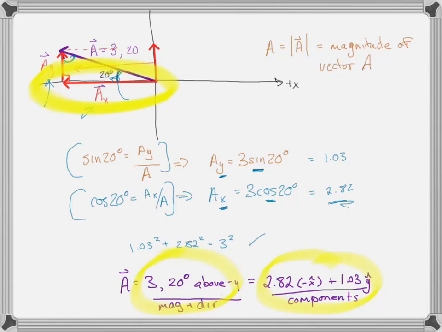And when we did the geometry of the right triangle, it just gives us a positive number. We have to recognize that it points in the minus x direction by looking at the picture and explicitly put that sign in for the direction, right? So you're finding the magnitudes of the components, and then you have to look at the direction of the vector. That's how to write it in component form.